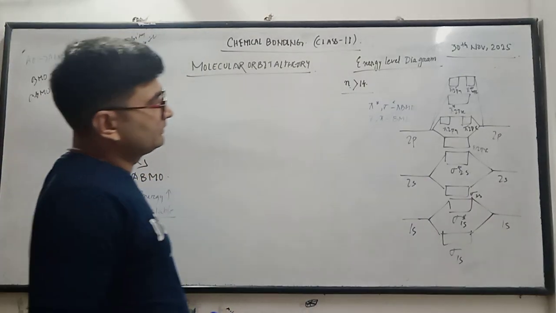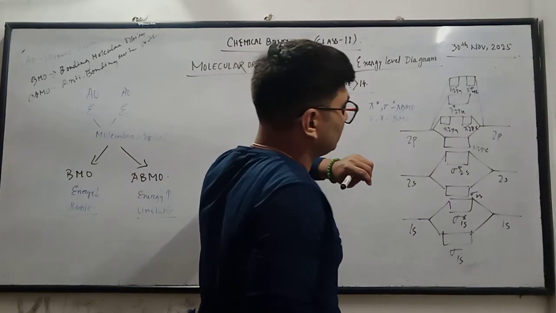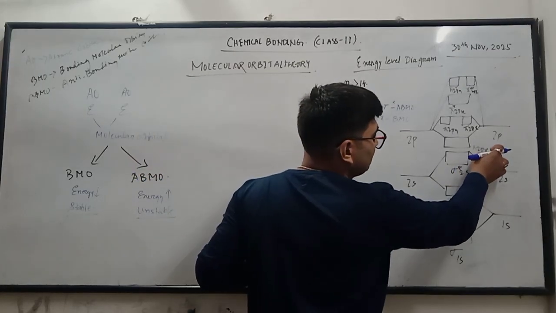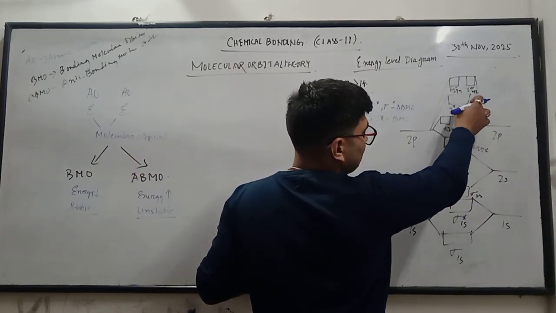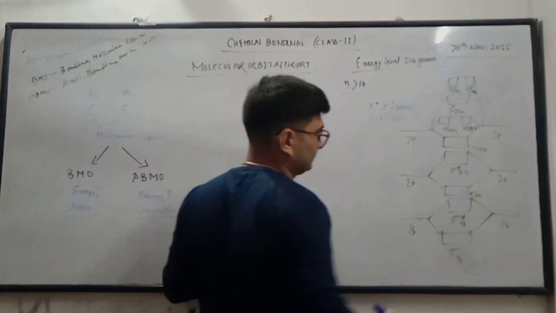This is the basic example for n greater than 14, where the pz orbital is in the lower state, and the 2px, 2py diagram is like this.